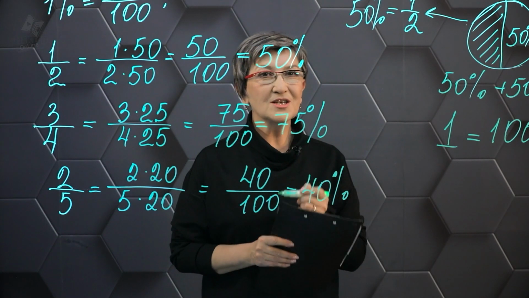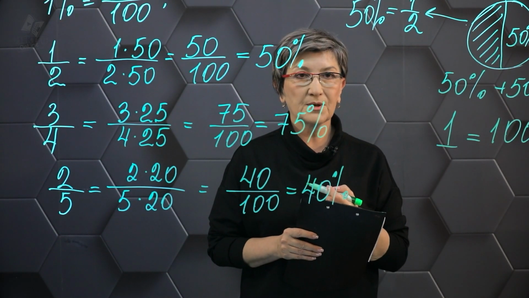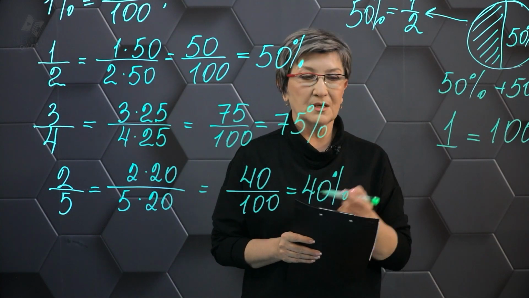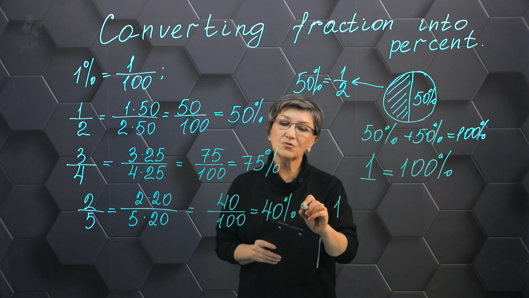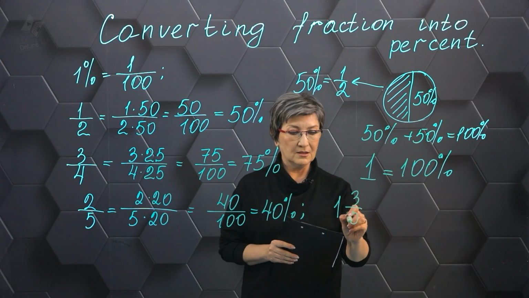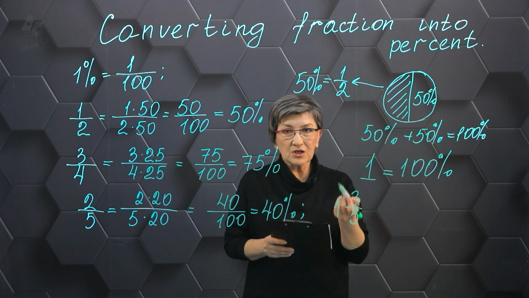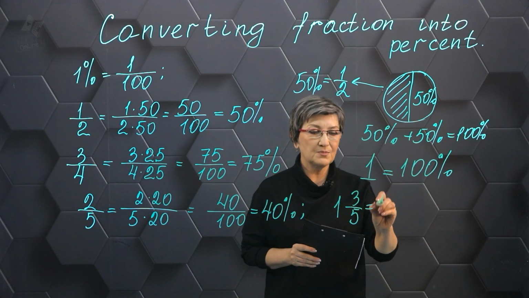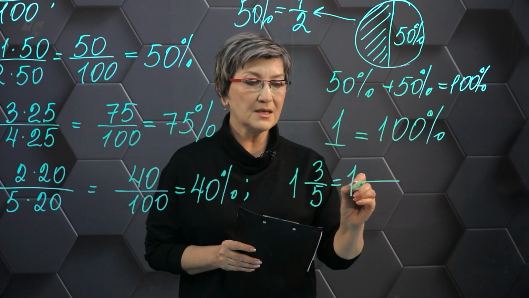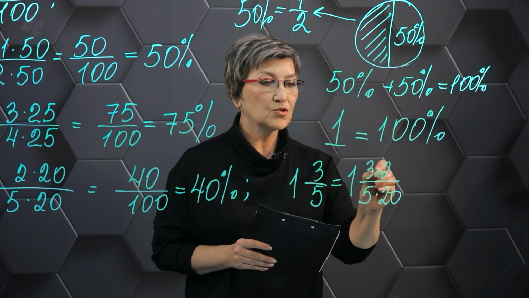But of course you may ask the question, can there be more than 100%? Yes, of course it can be. If I consider the following mixed number, 1 and 3/5, what can I do in that case? 1 is already 100%, but we will write it down as 1. Again, I'll multiply 5 by 20, and then I'll multiply 3 by 20.